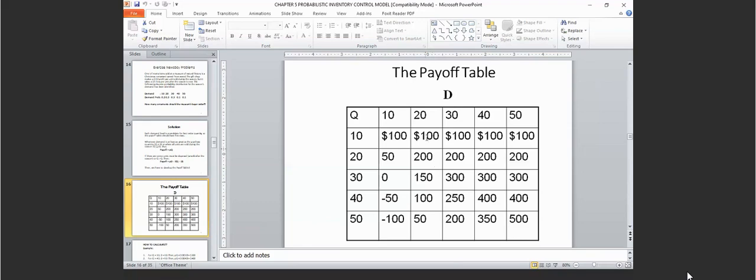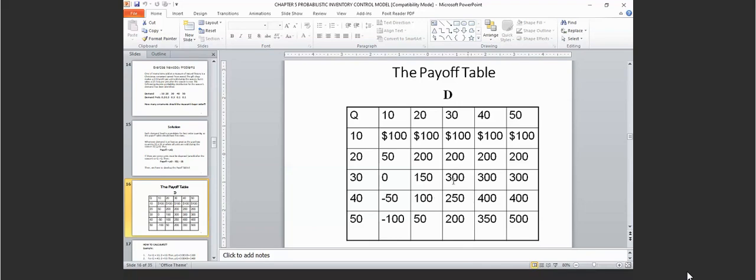For the expected demand of 20 units, we are able to make a profit of 200 ringgit. And for the unsold items, 20 units of unsold item multiplied with 5, we also have 100 ringgit. So 200 minus 100, the expected profit will be 100.